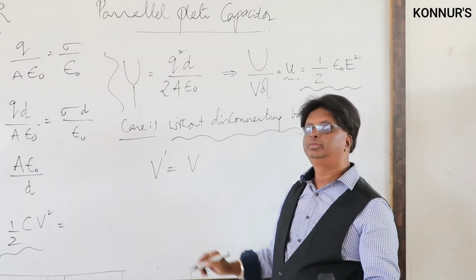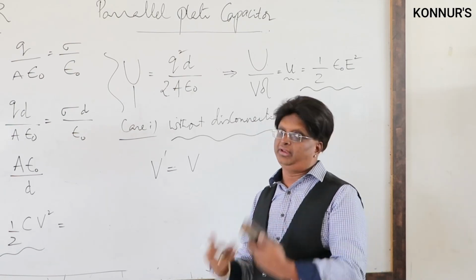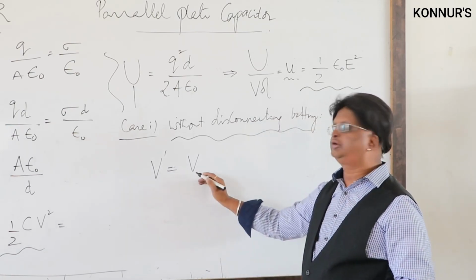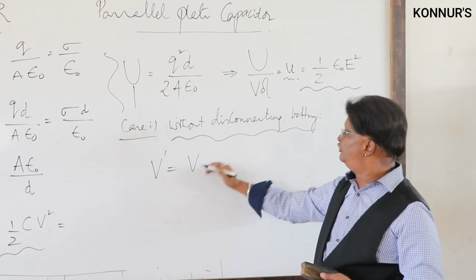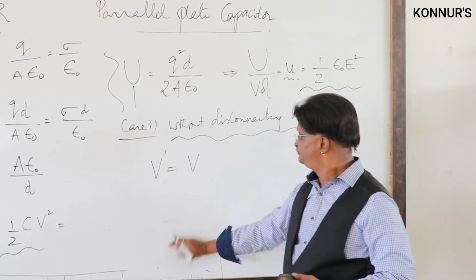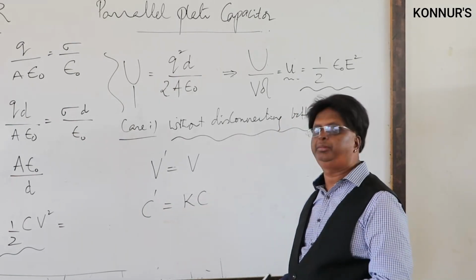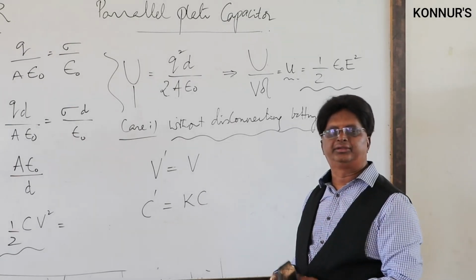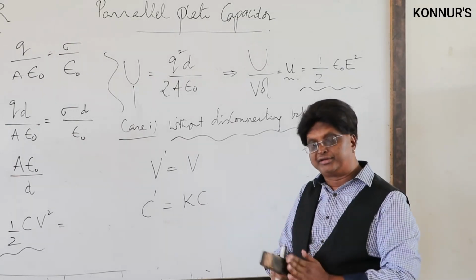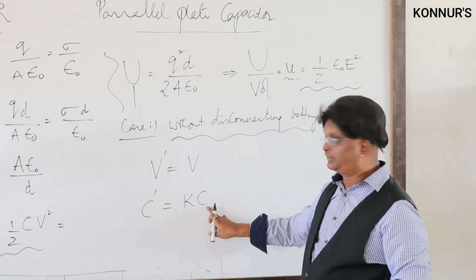So the new potential difference after introducing the dielectric, V dash, is equal to V. Why? Because we have not disconnected the battery. But capacity C dash is equal to KC. Capacity becomes K times the earlier result. Whenever dielectric is introduced with complete filling, capacity becomes K times.